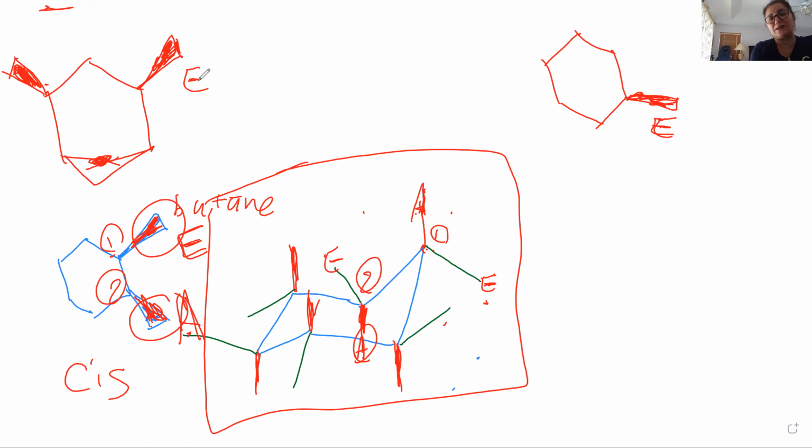So if this is equatorial, then this would be equatorial too. Both of them are equatorial because they are on the same side. For the 1,3 position, both of them are on the same side, so both are equatorial for the most stable structure.